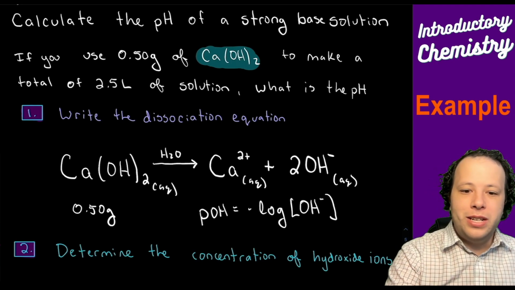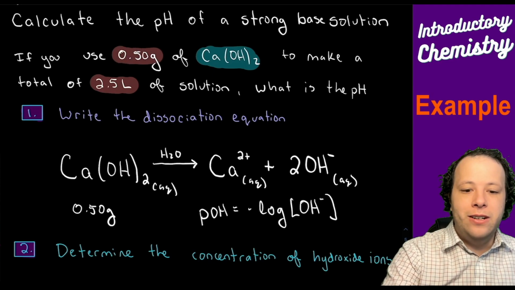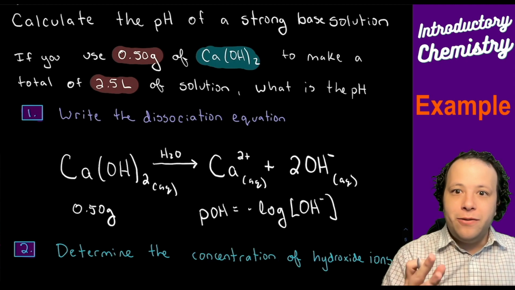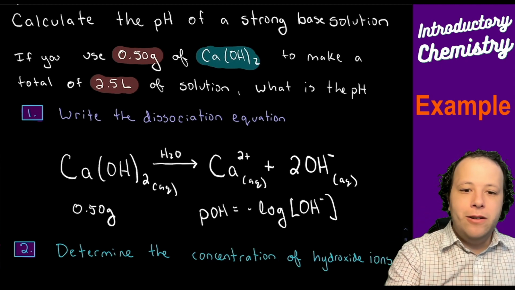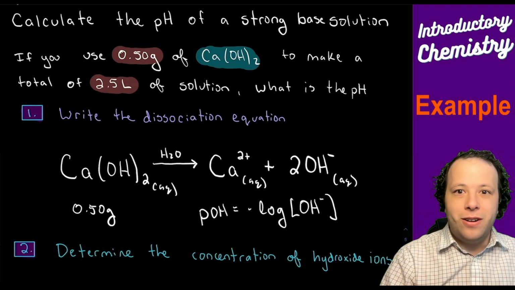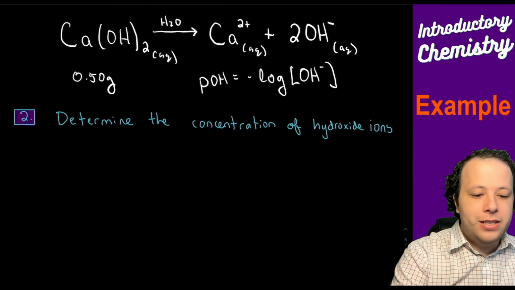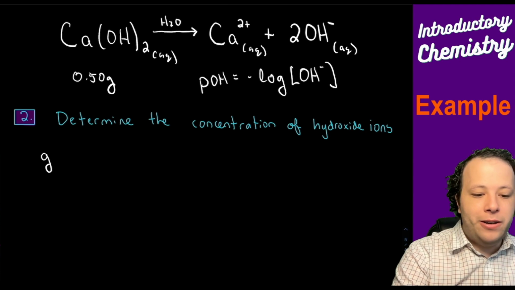So we have to go from moles and then divide it by the liters that are in solution. We have to use a few different pieces of information here, right? We have the 2.5 liters and the 0.5 grams. So let's first calculate moles. Let's go from 0.5 grams of calcium hydroxide to moles of hydroxide. We're going to map out our reaction, right?